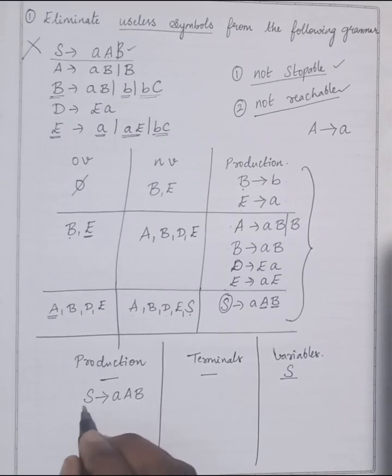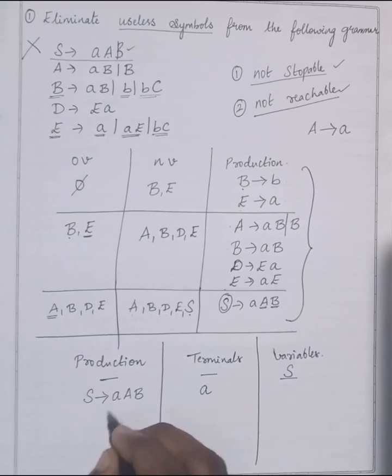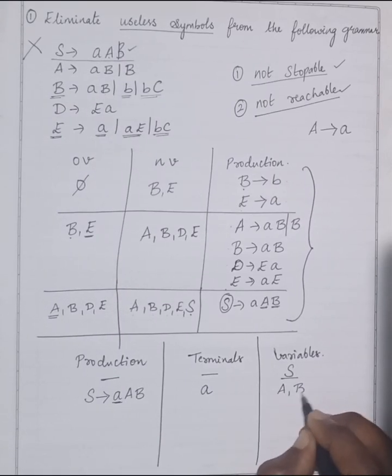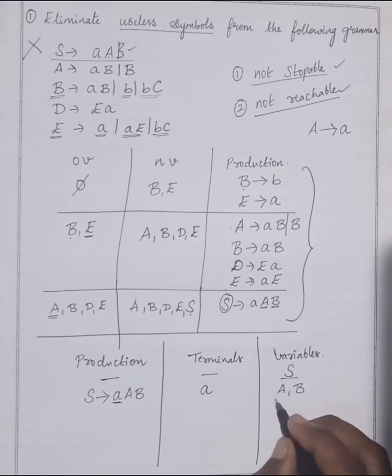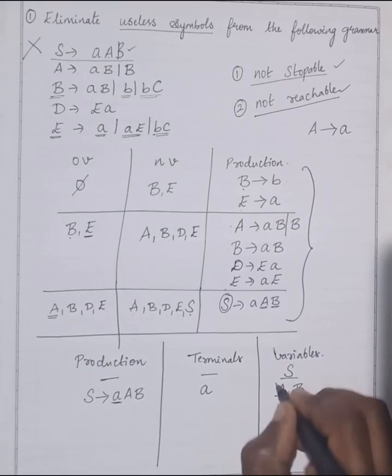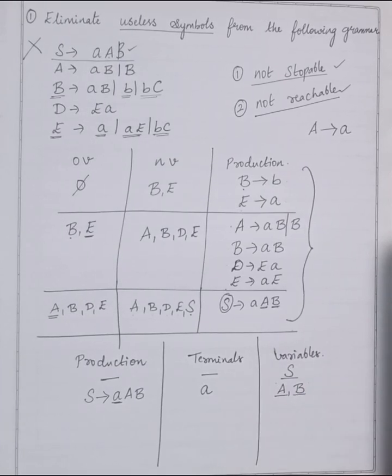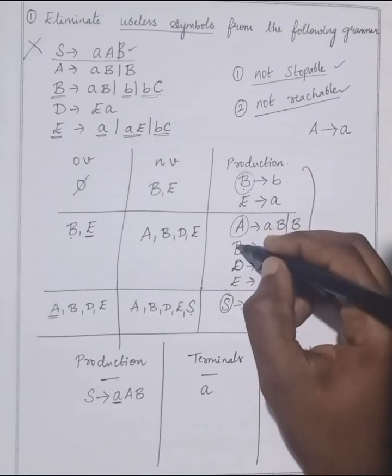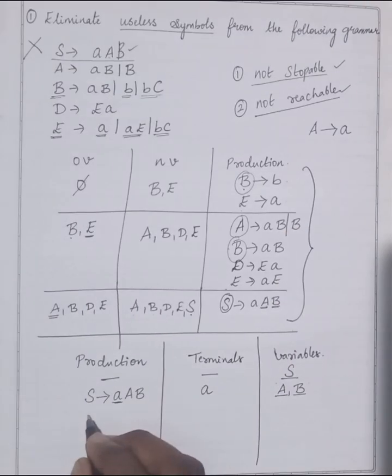Okay, so now in this production we have the terminal a, and the variables, that is non-terminals, capital A and capital B. Now we want to take all the productions coming from capital A and capital B. So in this list we have capital A and capital B productions, and we should include all of them.